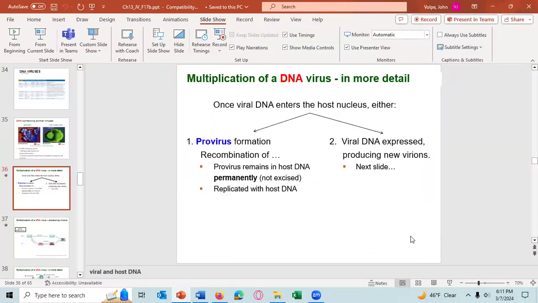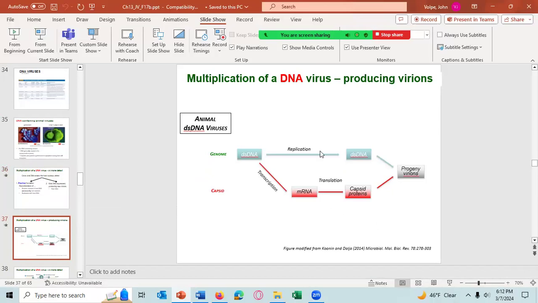The first is the viral DNA can be expressed, producing new virions. The viral DNA will be copied, transcribed into viral messenger RNA, and that will be translated into viral proteins, including the capsid proteins, which will come together with the newly replicated viral genome to make the new virions.